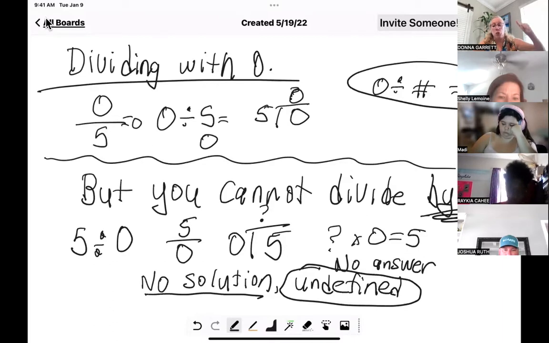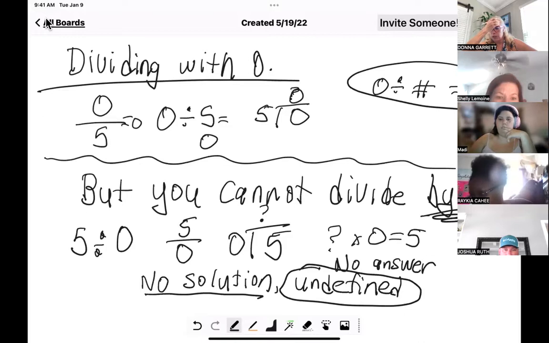So 0 can be in your numerator, 0 can be what you're dividing into something, but you can't divide by 0. Very, very important, and I know for sure that's going to be on your test. Be very, very careful of 0. Okay, any questions on 0?